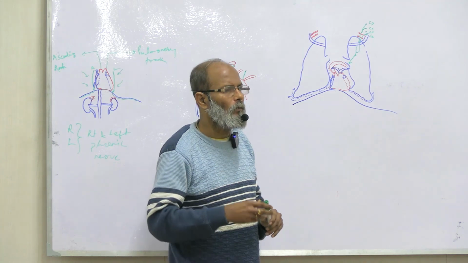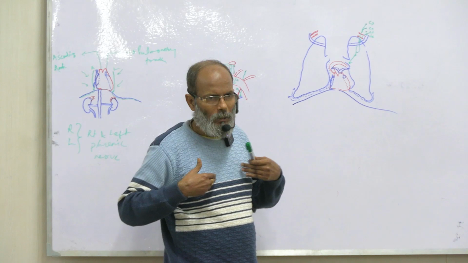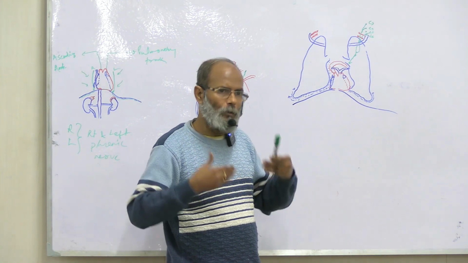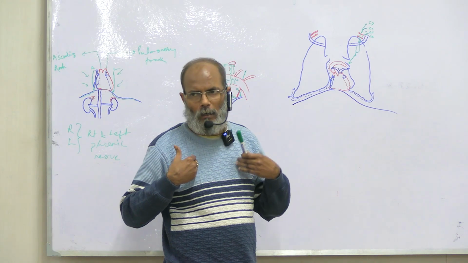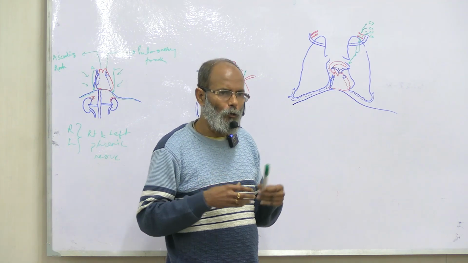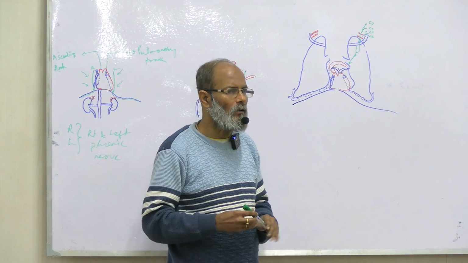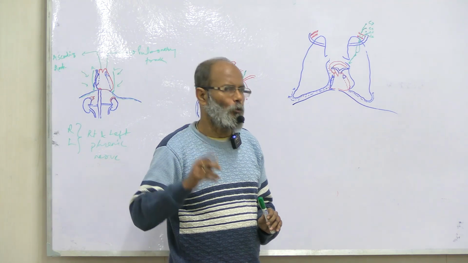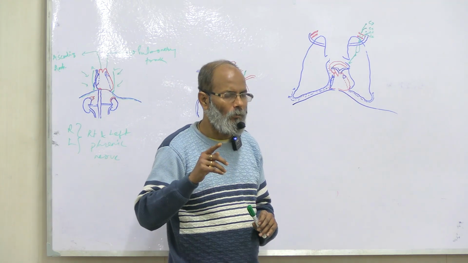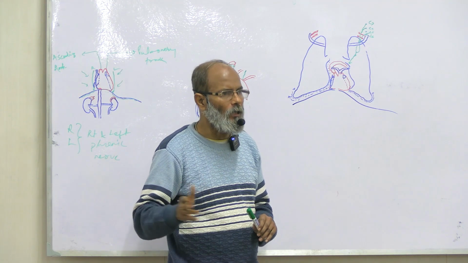But you can remember that the phrenic nerve comes in front of the root of the lung, not behind the root of the lung, on either side. Then it passes downwards. On the right side, it passes through a venous route. On the left side, it passes through an arterial route.